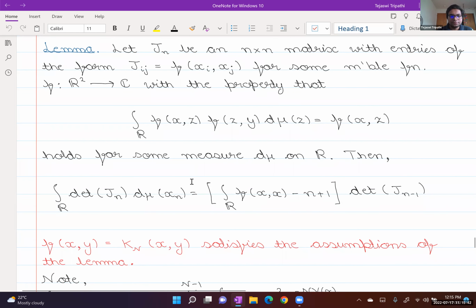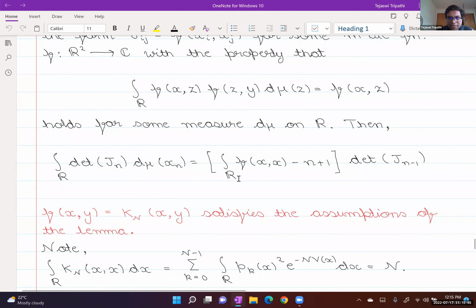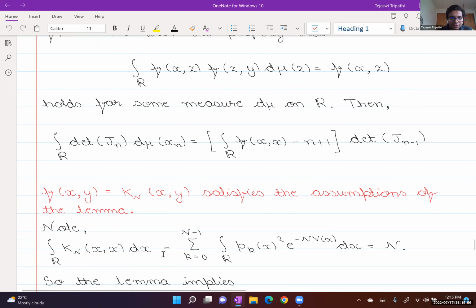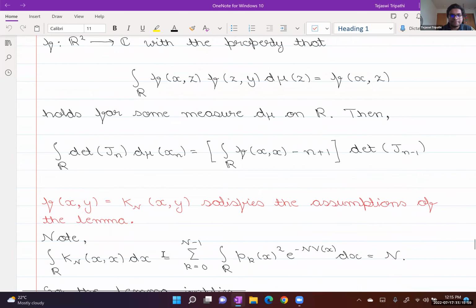So first, let's determine what this constant is. Note that Kn(x,x), if we integrate with respect to x, so let's recall what Kn(x,y) is. Remember that Kn(x,y) is e to the power minus n V(x) e to the power minus n V(y), summation p_i(x) p_i(y), i equals 0 to n minus 1.